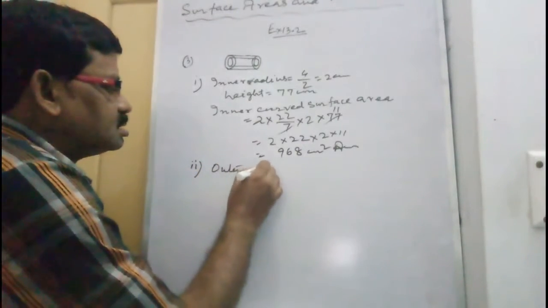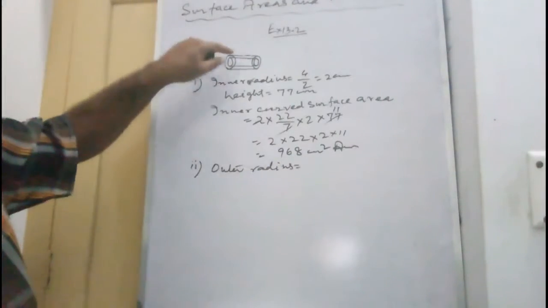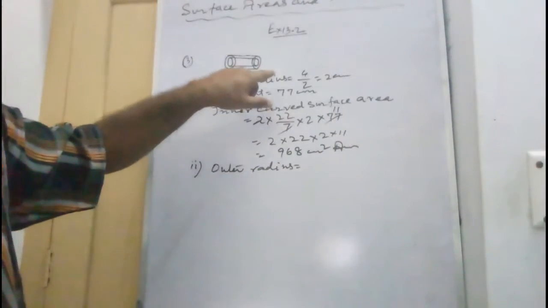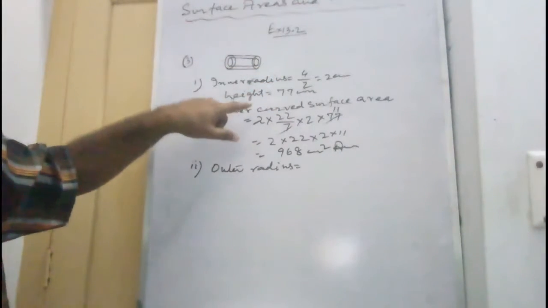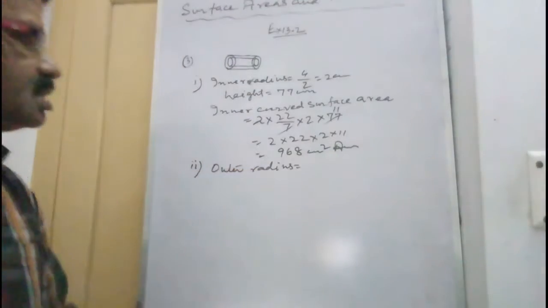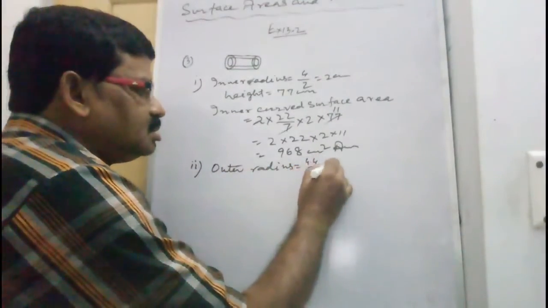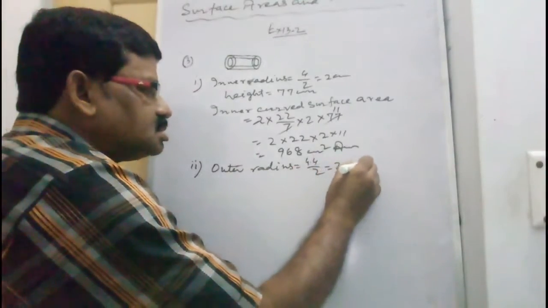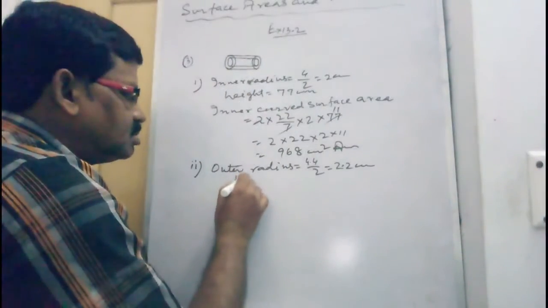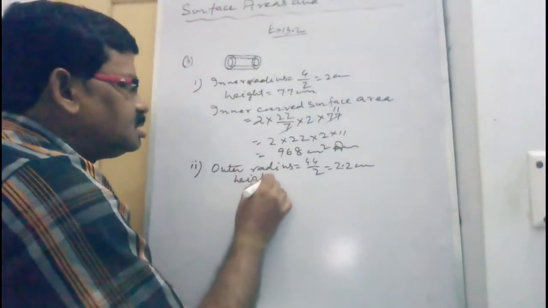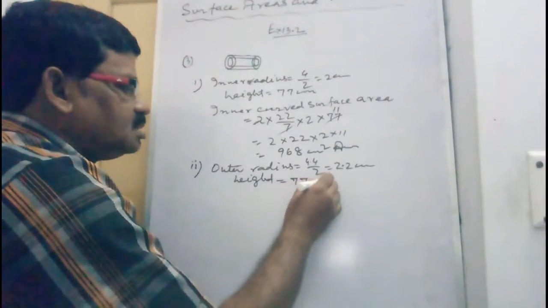Outer radius: the diameter is given, that is 4.4. So outer radius is 4.4 by 2, that is 2.2 centimeter. Height is the same, so height is equal to 77 centimeter.